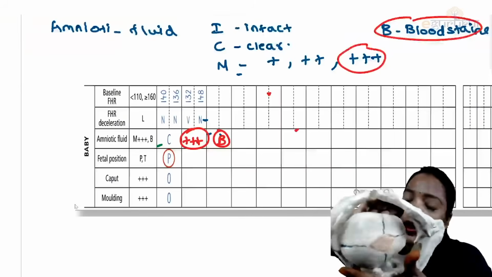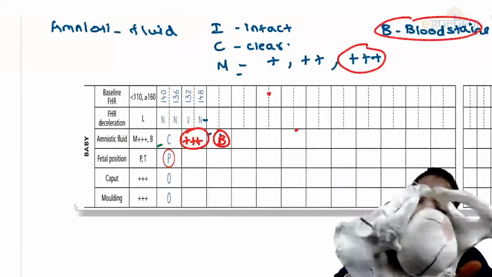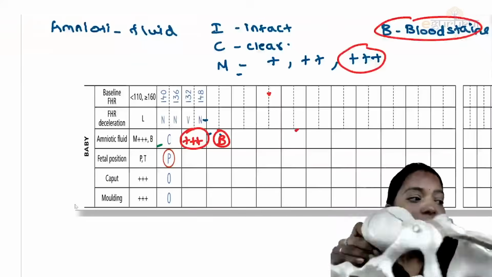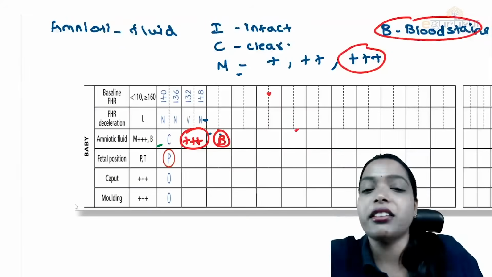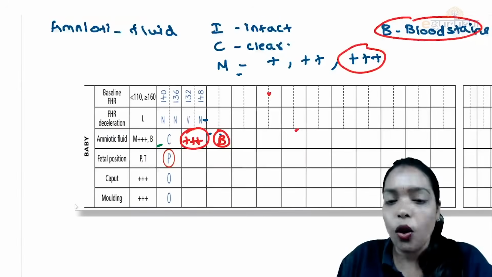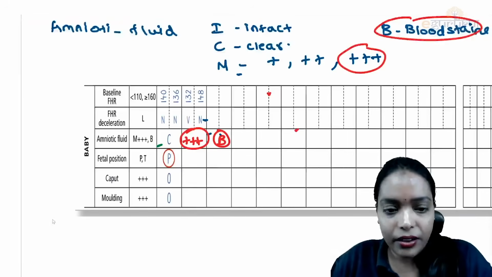Similarly, if it is towards the sacral promontory, LOP, OP or ROP, then also it is an alert. So transverse position and occipito-posterior positions are the alerts in this, whether it can be left, right or direct, still it is an alert.